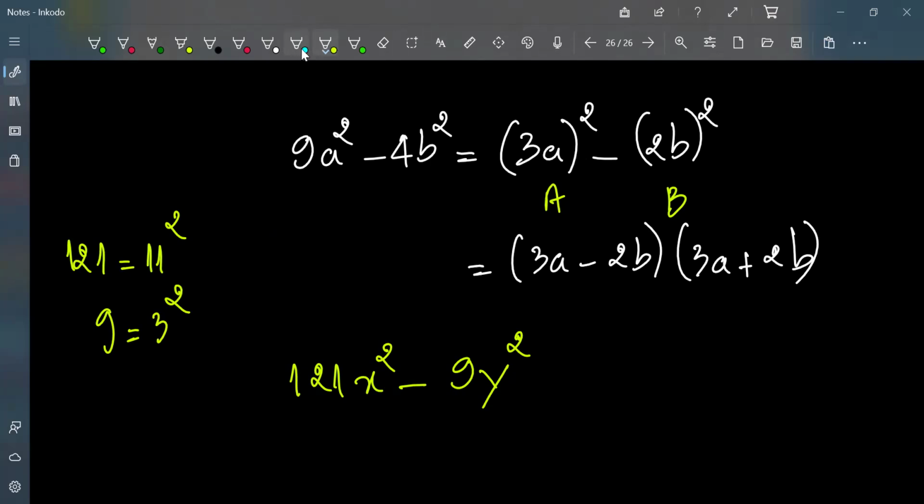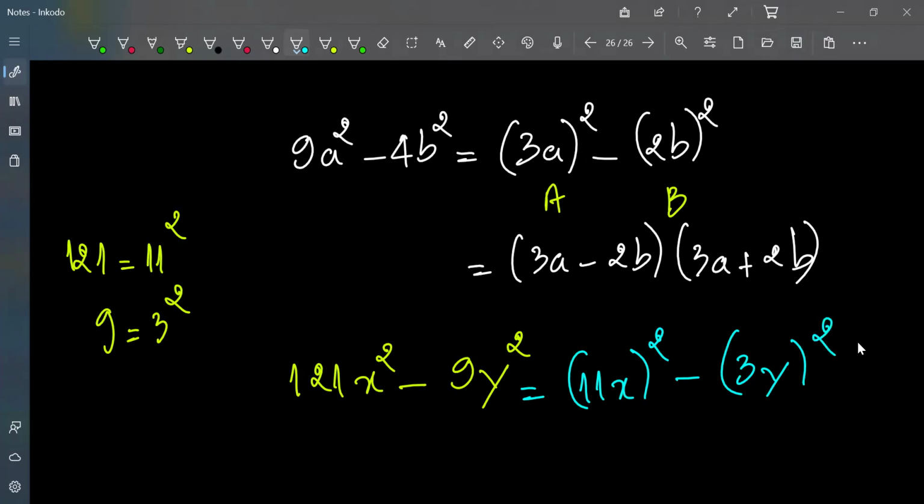So now we can write it as 11x square minus, oh sorry, not 9y, it's minus 3y square.